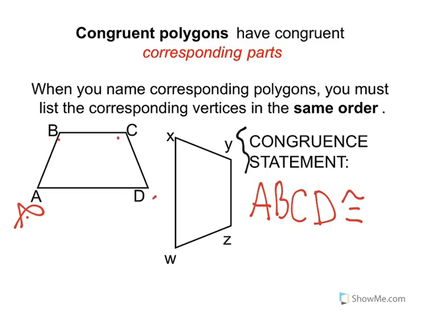So you have to imagine that that trapezoid is rotated to the left, where you would start with X. So we would say X, Y, Z, W. And that would be our congruent statement for those polygons.